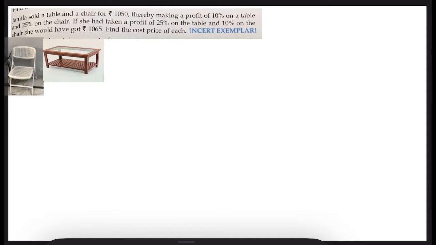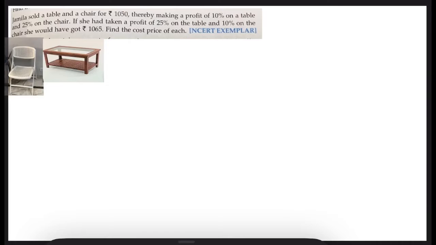The second scenario is that if she had taken a profit of 25% on the table and 10% on the chair, whereas in the earlier scenario it was 25% on the chair, then she would have got 1065 rupees. She is getting 15 rupees more. Then find the cost price of each: the cost price of the chair and the cost price of the table.